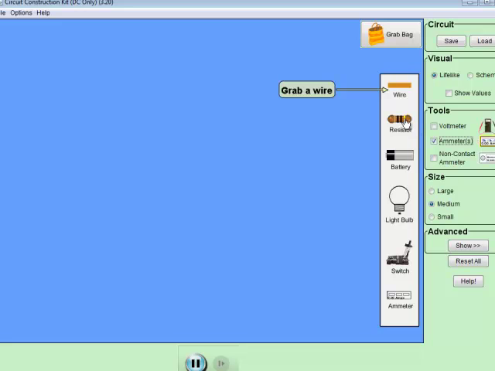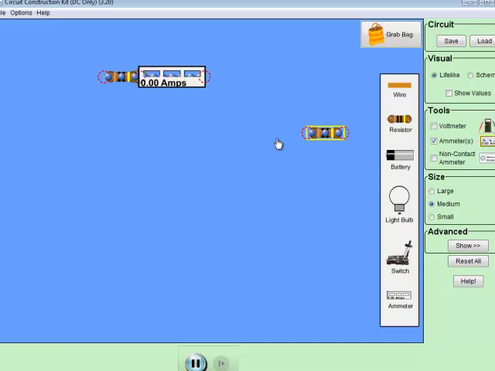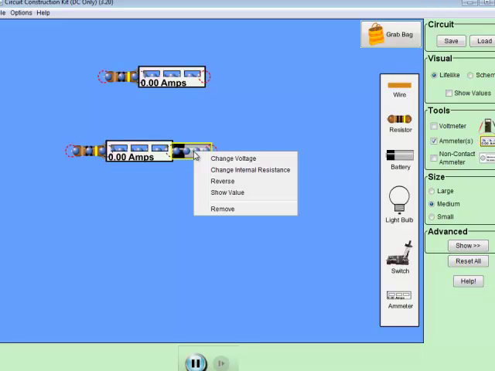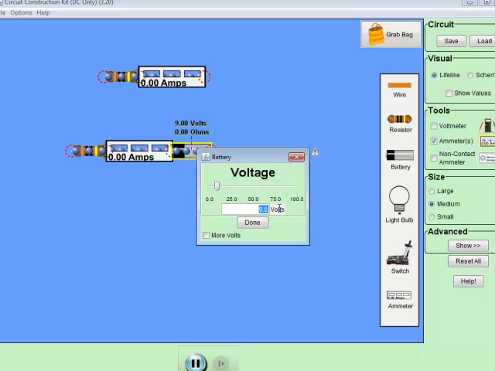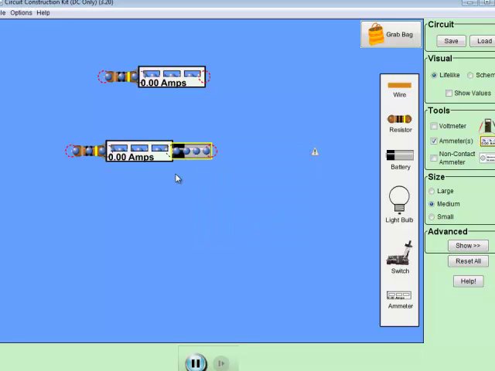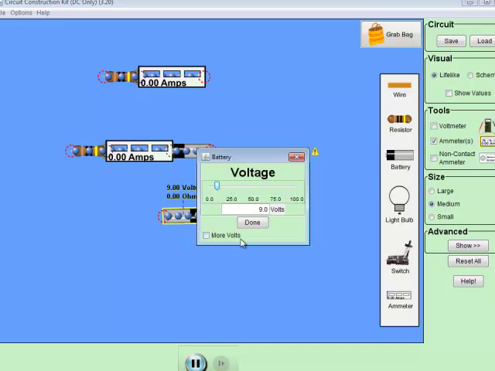Okay, one resistor, and I put the ammeter right next to it, and another resistor, and the battery, and that one should be correct here, and this one is 1 volt. And then another battery, and this should be turned around, and that's 4 volts.